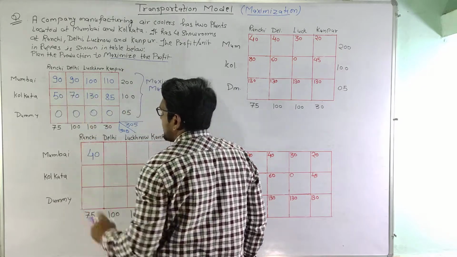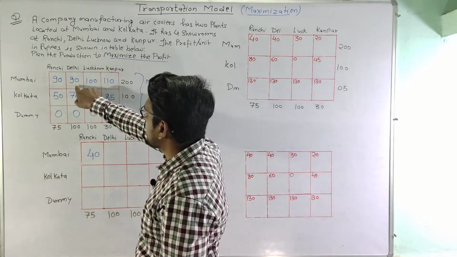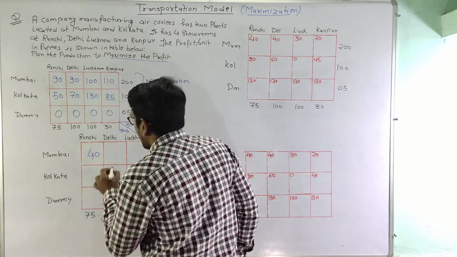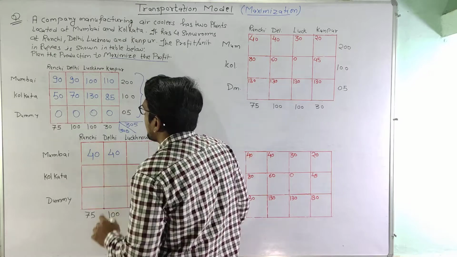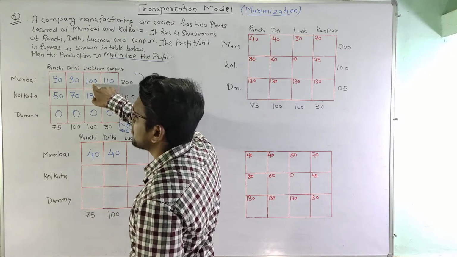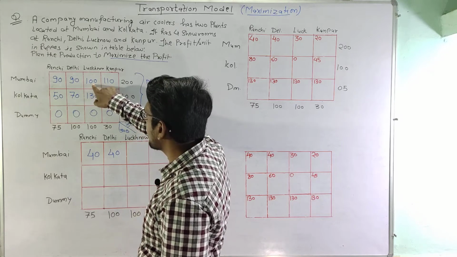130 minus 90. Similarly for the second cell, 130 minus 90. This will also come as 40. For the third cell, we have 130 minus 100 because 100 is the value in this particular cell.